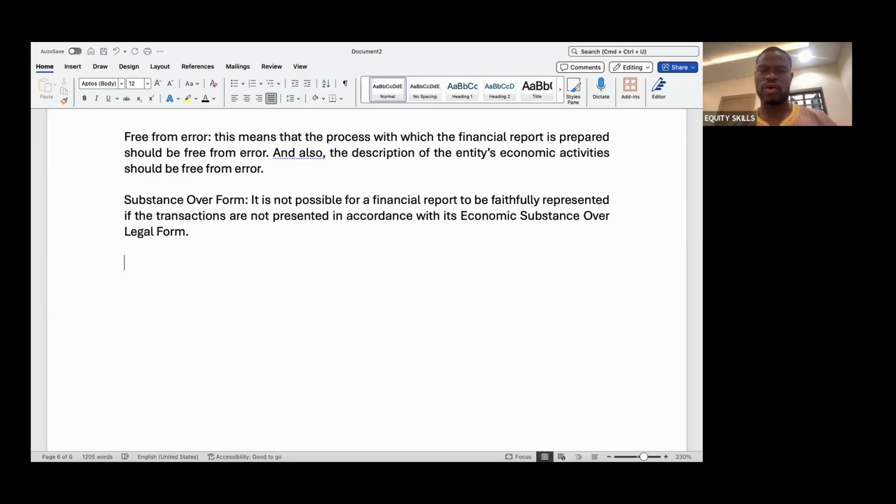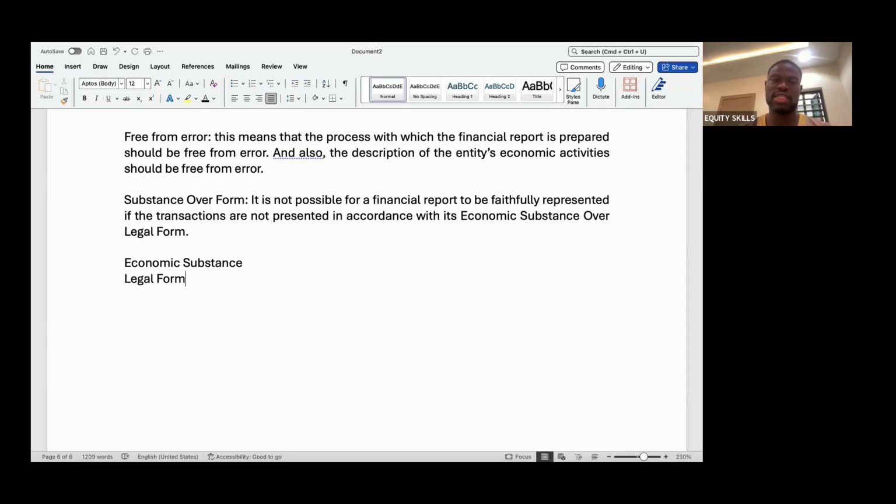So when we say substance over form, we talk about economic substance over legal form, which means that we need to prioritize economic substance and not legal form. So there are two things here: economic substance, and there is legal form. Both exist in daily transactions.